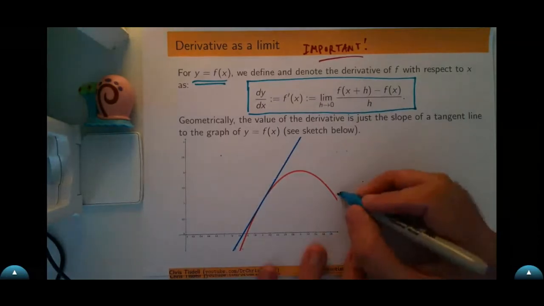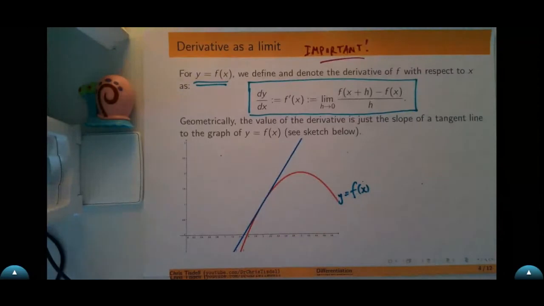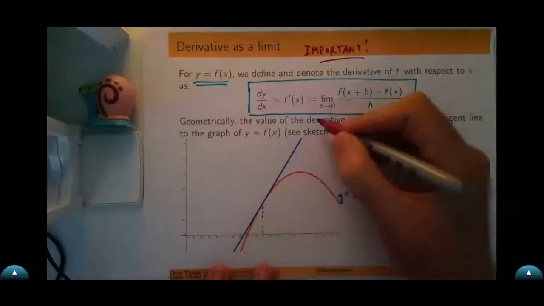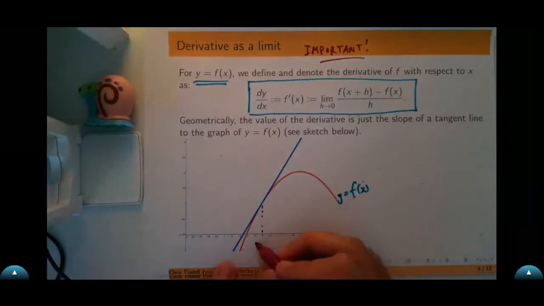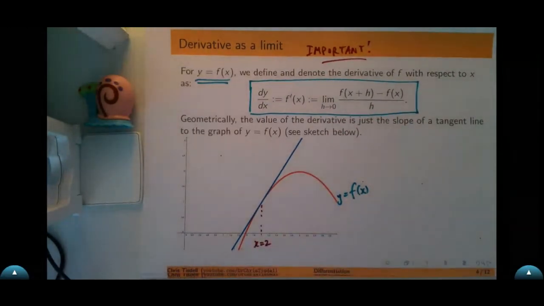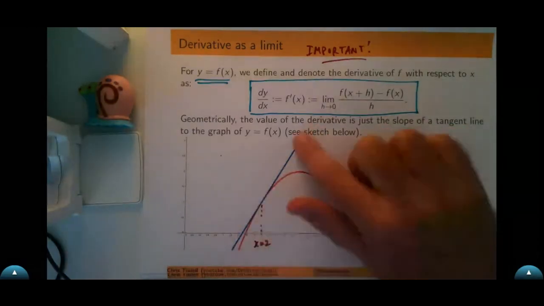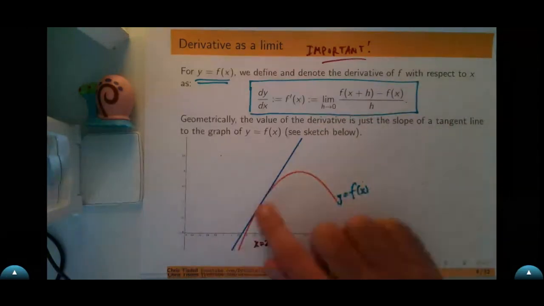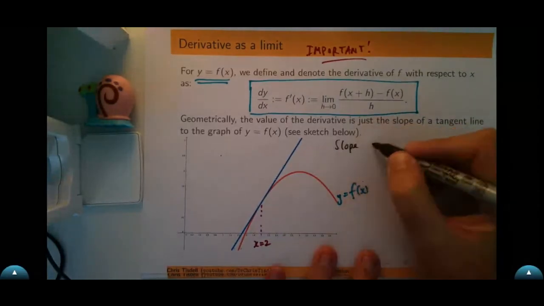Okay, so in this picture, if this is a graph, the red points are your curve, and you can see here we've got a tangent line to the graph at x equals 2. The gradient or the slope of this tangent line is geometrically the derivative of the curve at x equals 2. That's what it means geometrically.